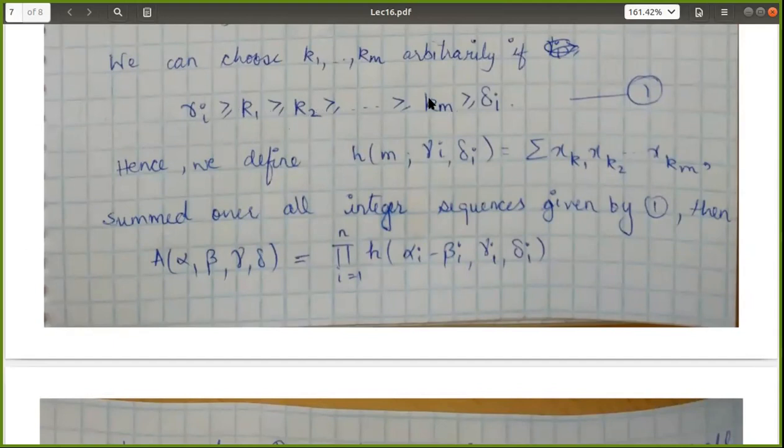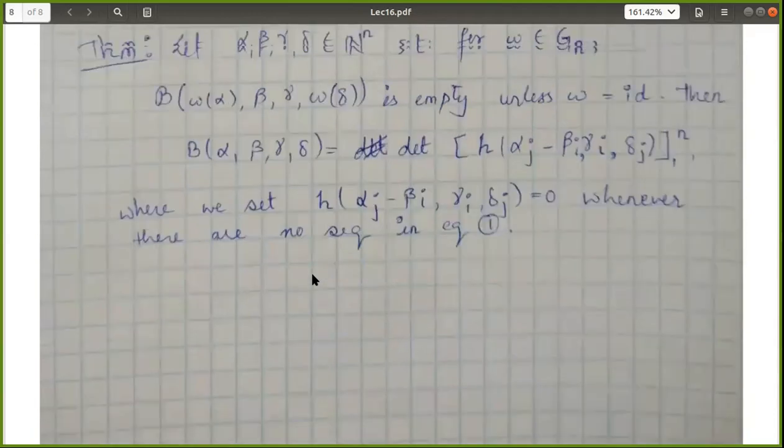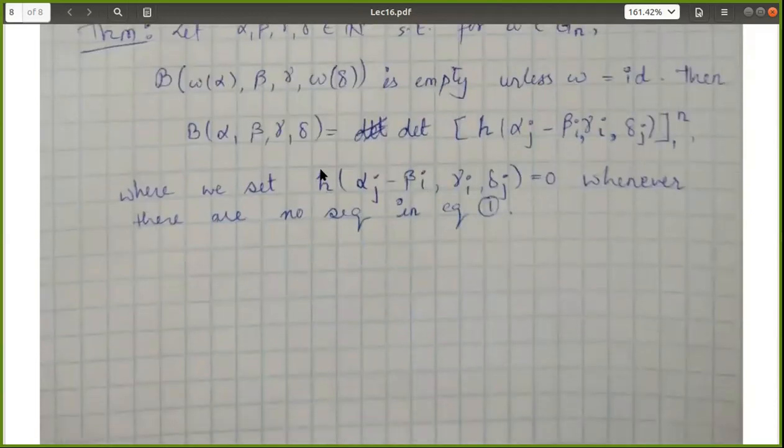Okay, so if this does not hold true for k1, k2, km, if there are no sequences which fit into this, then you put the corresponding function h to be 0, and you construct this particular matrix, and its determinant is going to give you the weight of the n path lattice of the type alpha, beta, gamma, delta with non-intersecting lattices.